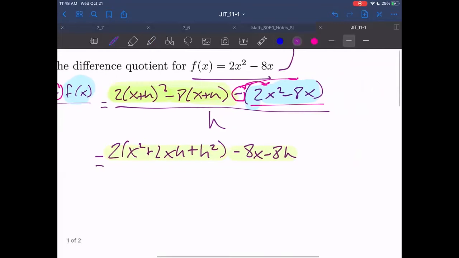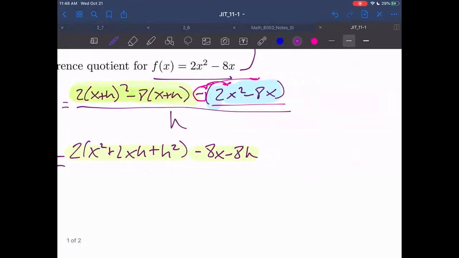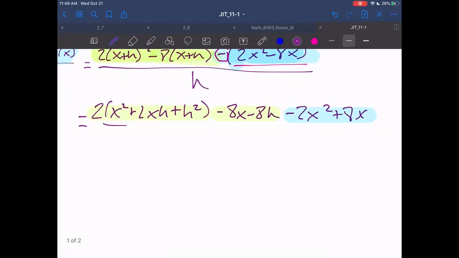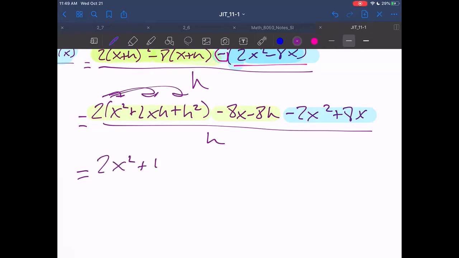And then we'll distribute this negative to the other side, so we get minus 2x squared plus 8x. That comes from distributing our negative there. Again, that's all over h. So then we'll distribute this: 2x squared plus 4xh plus 2h squared minus 8x minus 8h minus 2x squared plus 8x.